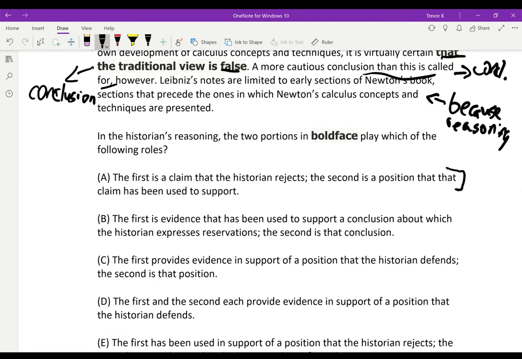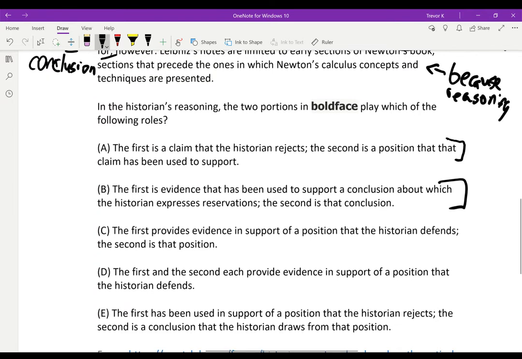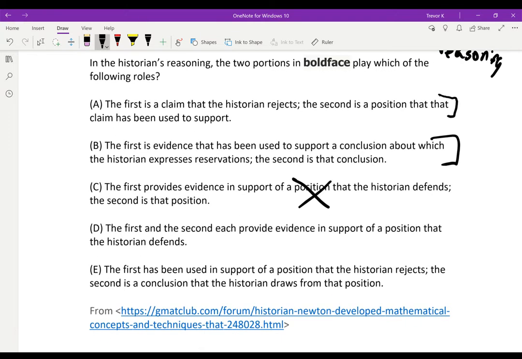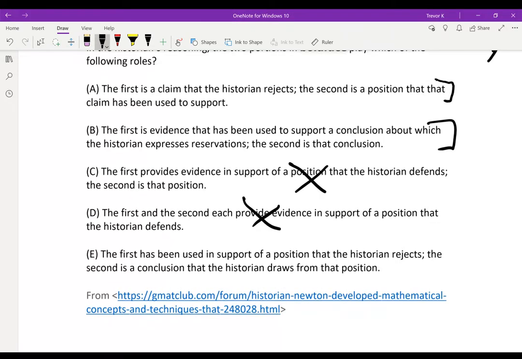The first is evidence that has been used to support a conclusion about which the historian expressed reservations. The second is that conclusion. That's also pretty good. The first provides evidence in support of a position that the historian defends. No, definitely not. The first and the second each provide evidence in support of a position that the historian defends. Definitely not. Then the first has been used in support of a position that the historian rejects. The second is a conclusion that the historian draws from that position.